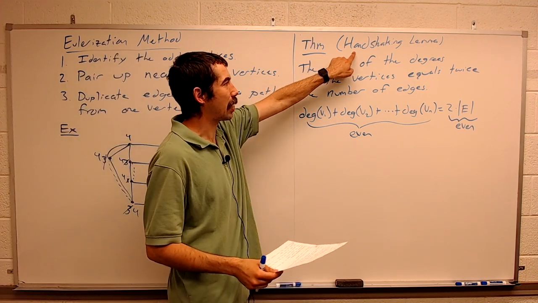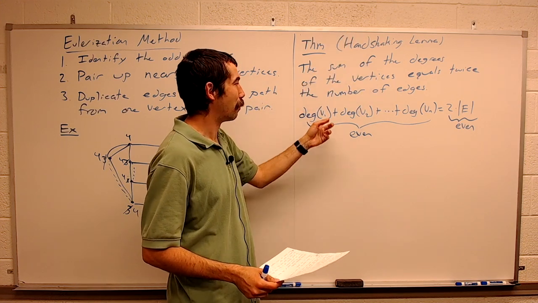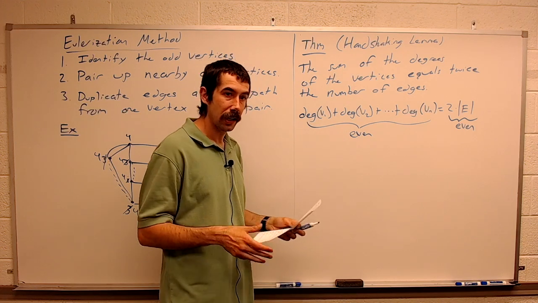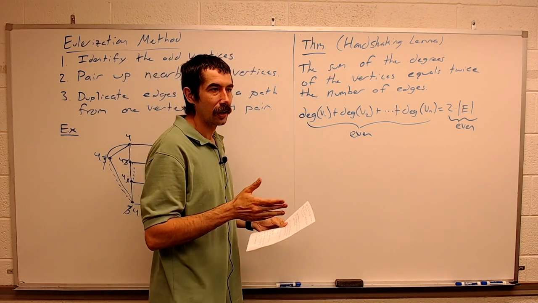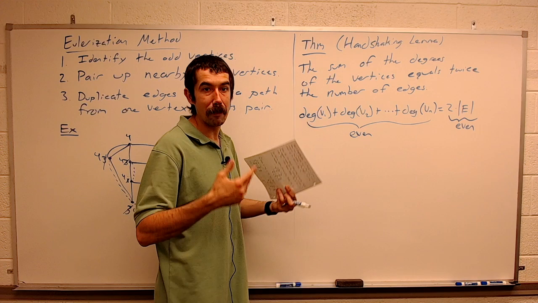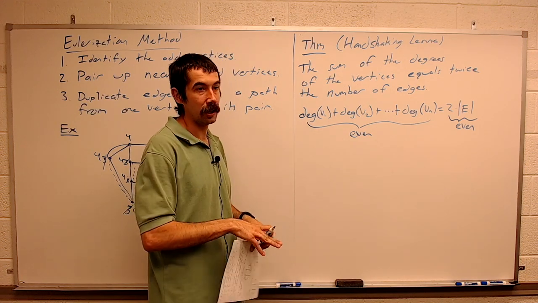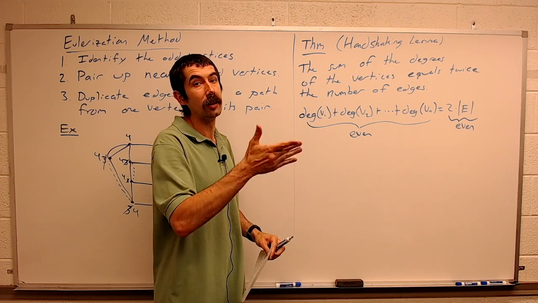Okay, what does this have to do with handshaking? You could imagine that if you are at a party and you're shaking a bunch of hands, you could make a graph where the vertices represent you and the partygoers, and the edges represent whether or not you shook hands. Okay?